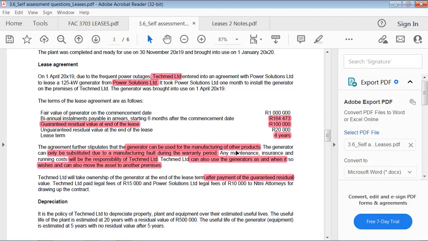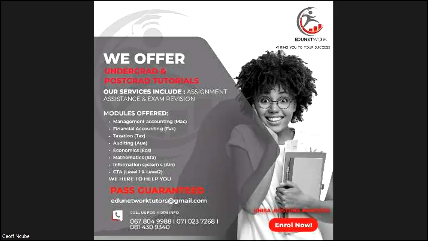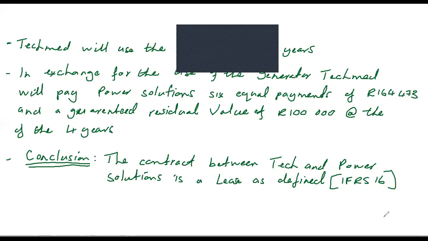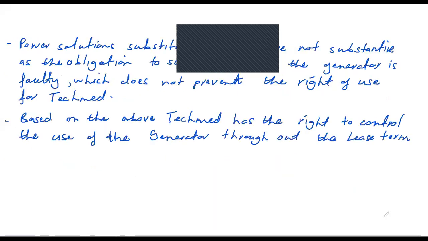So based on this information, I took the liberty to write out the suggested solution, as this is taken from a UNISA self-assessment question. So we are going to look at the solution on how you would obtain the 10 marks.